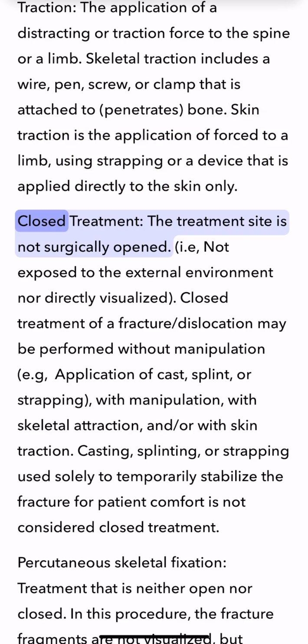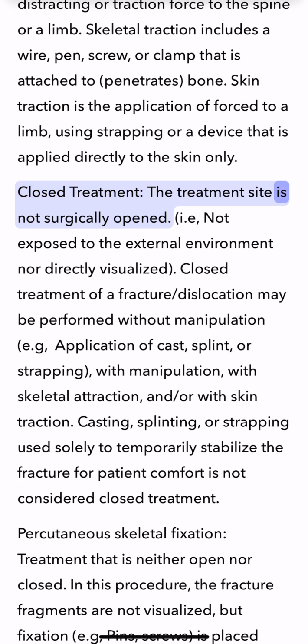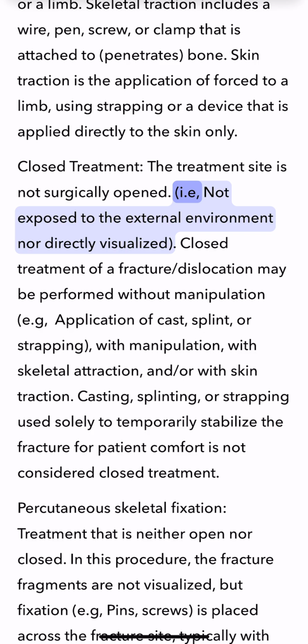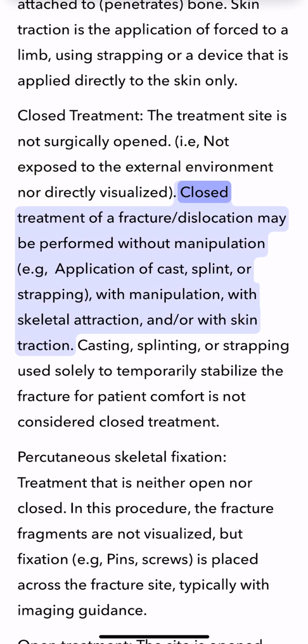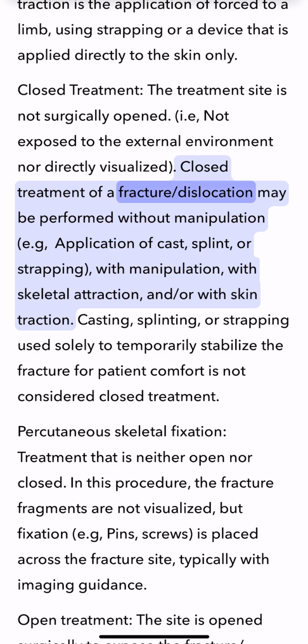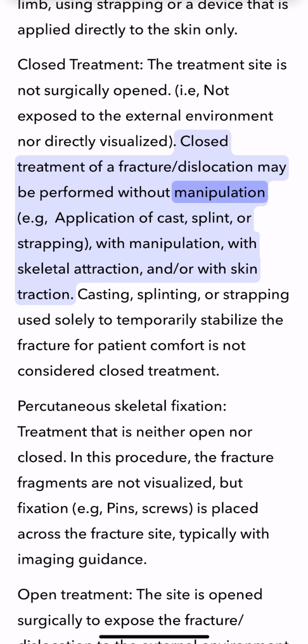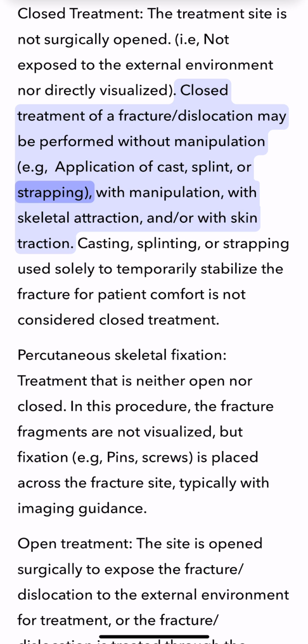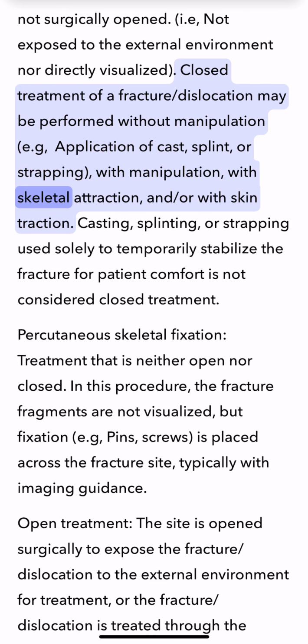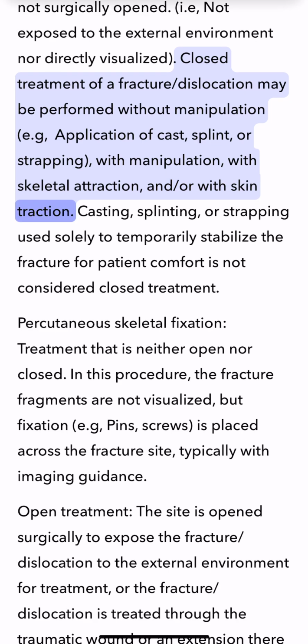the skin only. Closed treatment, the treatment site is not surgically opened, that is, not exposed to the external environment nor directly visualized. Closed treatment of a fracture dislocation may be performed without manipulation. For example, application of cast, splint, or strapping, with manipulation, with skeletal traction, and/or with skin traction.